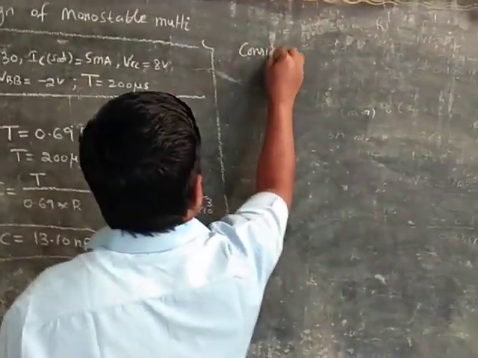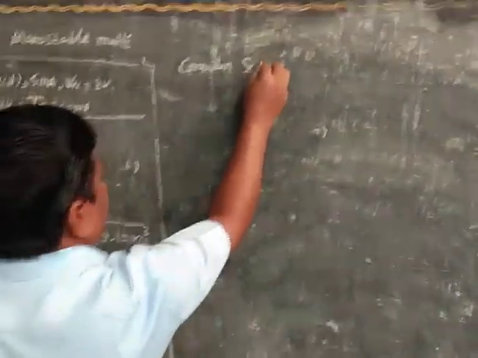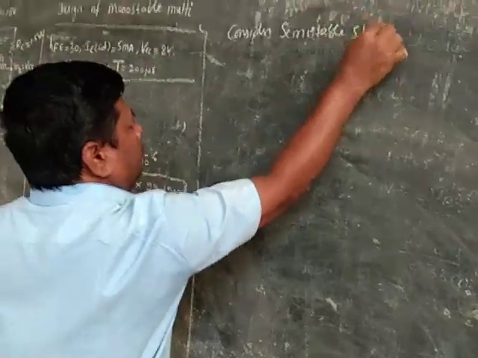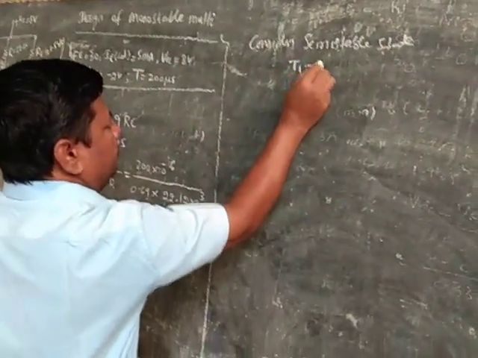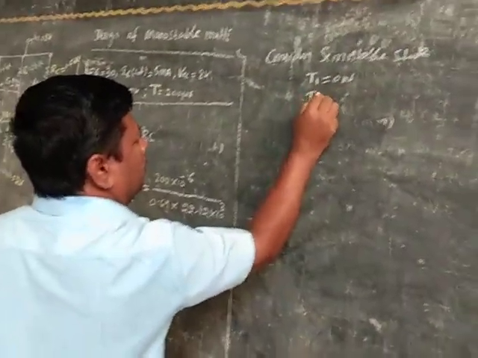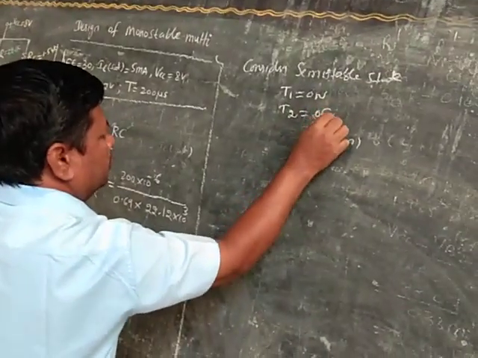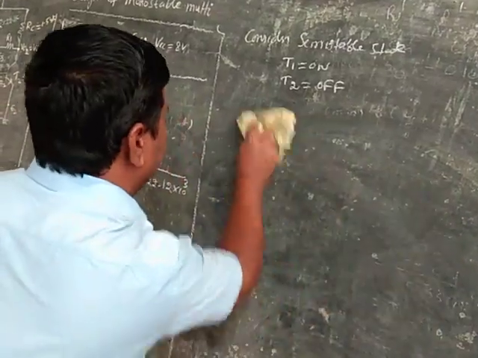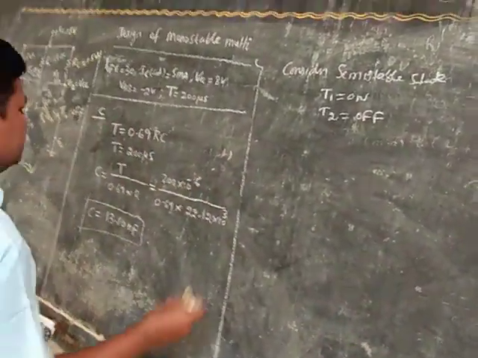Consider the semi-stable state, that is T1 on and T2 off. Now consider this branch.